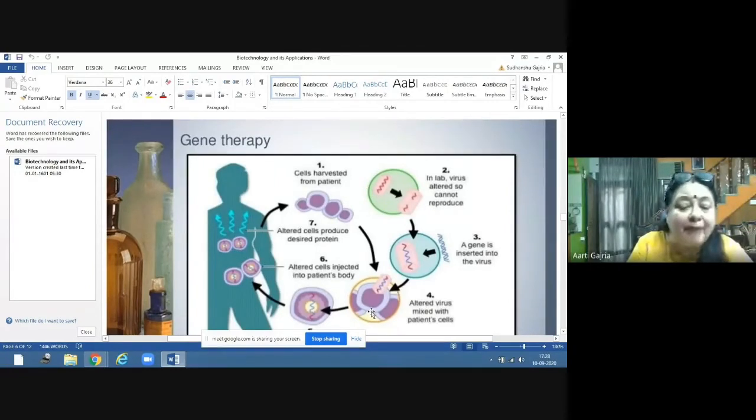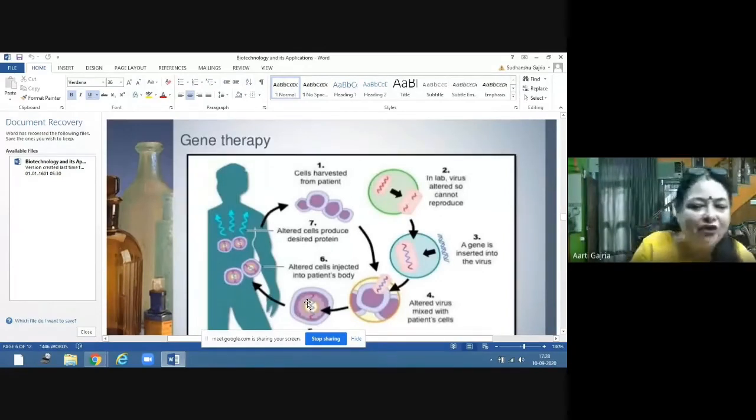Now what happened? The altered virus mixed with the patient's cells. This is the altered virus which is having the desired gene. The desired gene is inserted into the virus. Now when we put that virus in, this desired gene will get incorporated into the lymphocyte. And now this lymphocyte is having the desired gene.